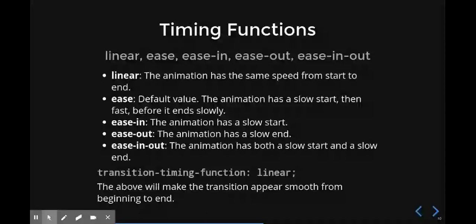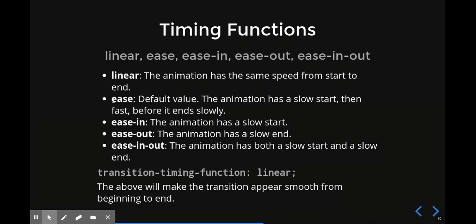The one that I want to point out here that's different from the others, that's sort of the most basic way of doing this, is linear, which means that the transition has one speed or one rate throughout. So there's no speeding up at the beginning or slowing down at the end. There's none of that. That is not the default.